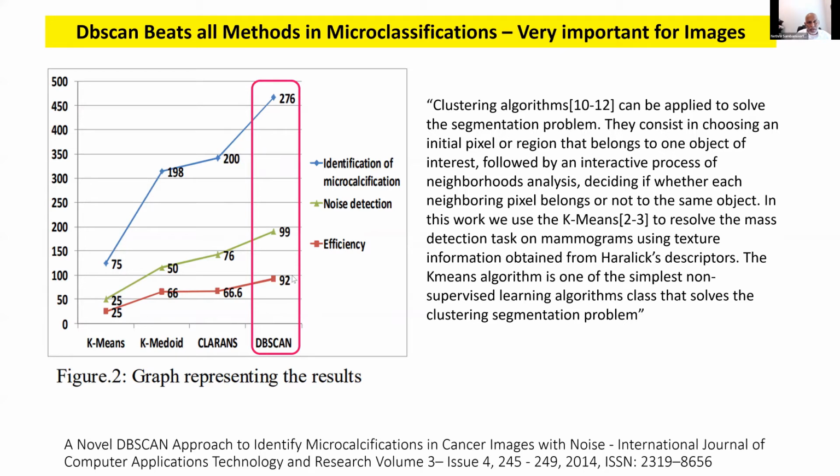In terms of efficiency, it is fast enough, but in terms of micro calcification, it does a phenomenal job. Noise detection, it also does a good job. In addition to that, it does a good job with micro calcification, which is very difficult for k-means and k-medoid, that whole group of algorithms. That's why I got interested in this one.